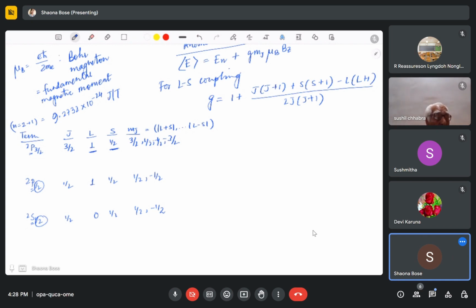So now let us draw the diagram. You see, without LS coupling, these would not split. It would be just 2p3/2, in the absence of a magnetic field, to 2s1/2 here.